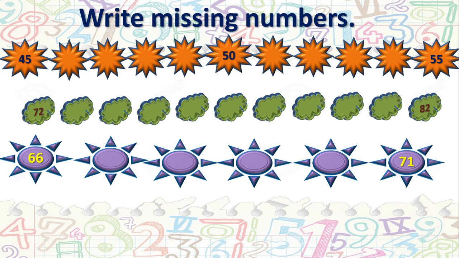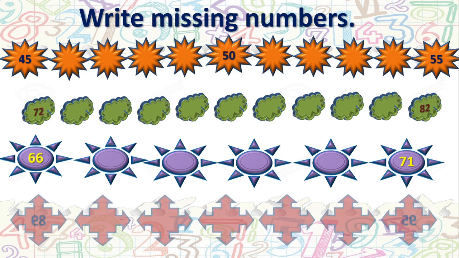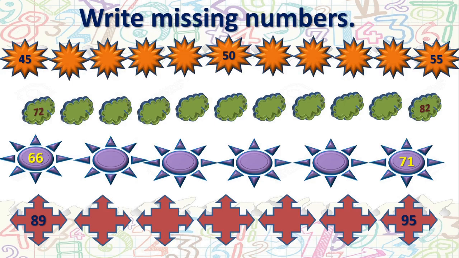So you have to fill these blanks. Got this? Here this line begins from 89 and ends in 95. So please children try to write the missing places. Okay, this is for your homework.